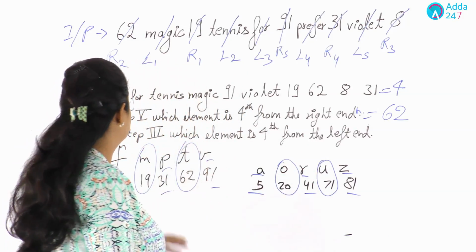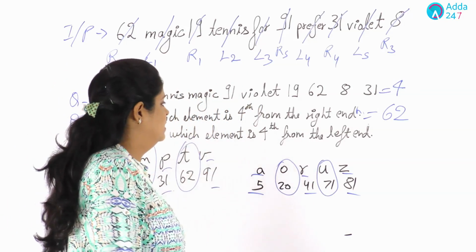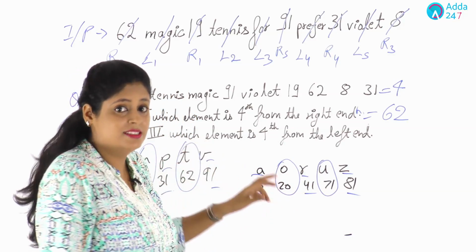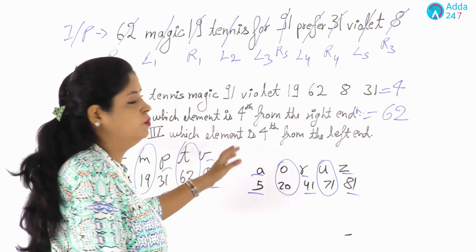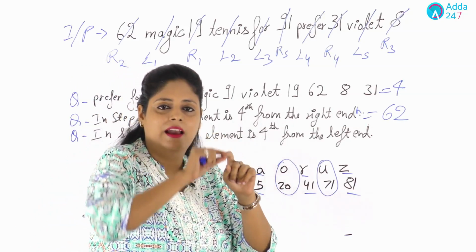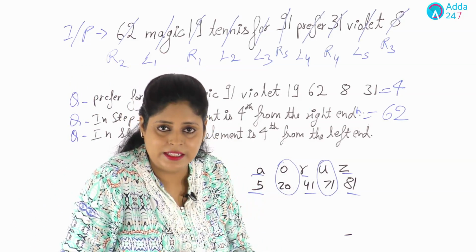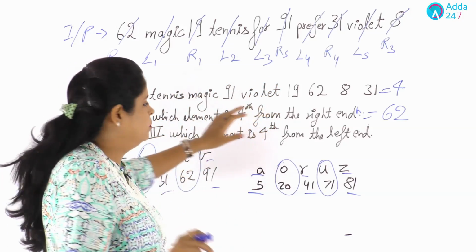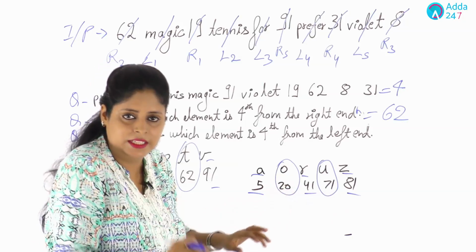Now let's proceed to another question. In step 3, which element is fourth from the left end? The fourth element means you have to eliminate L1, L2, L3. We are not going to count any number dealing with 1, 2 and 3.